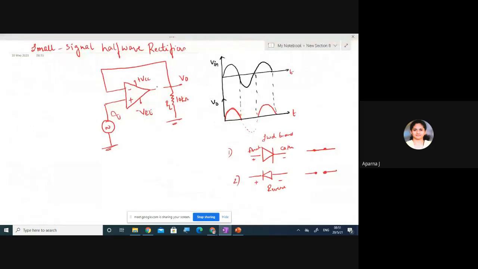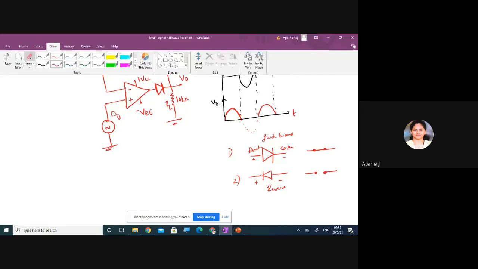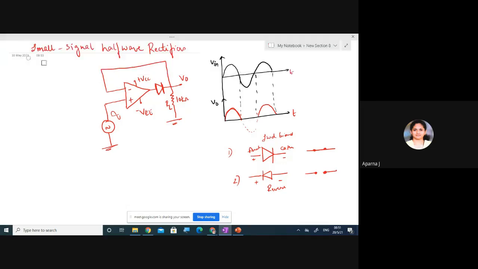Okay, now let me check if I use it in this way. I'll connect the diode here in this way. So during the positive cycle, when I apply a positive cycle, what will happen? Since the voltage at this non-inverting terminal is more, the output will be a positive value.